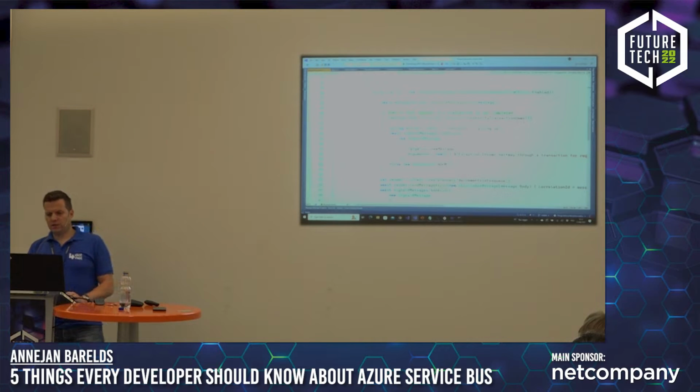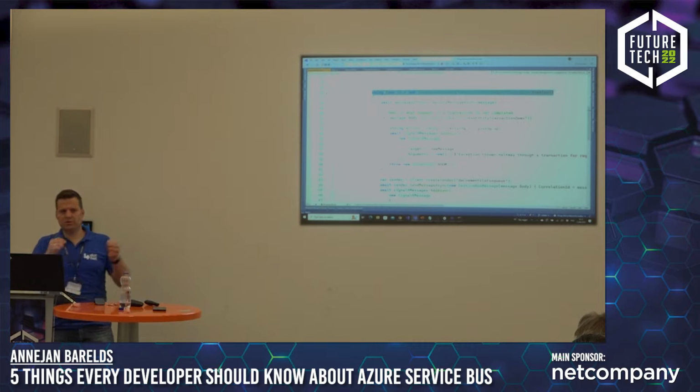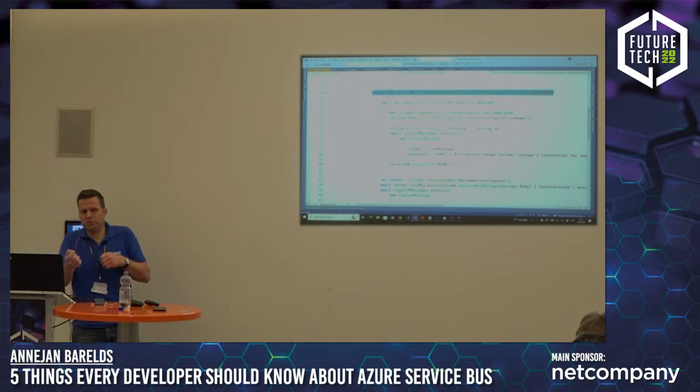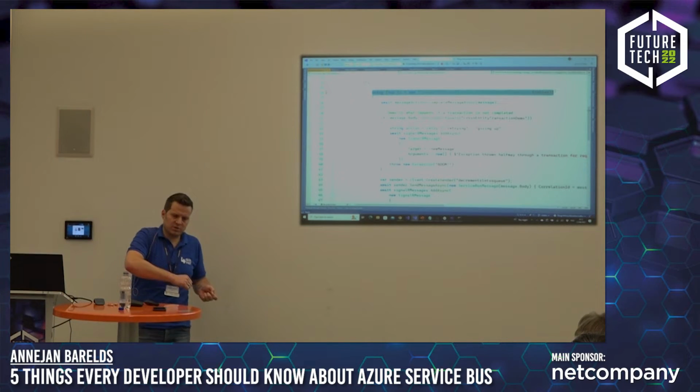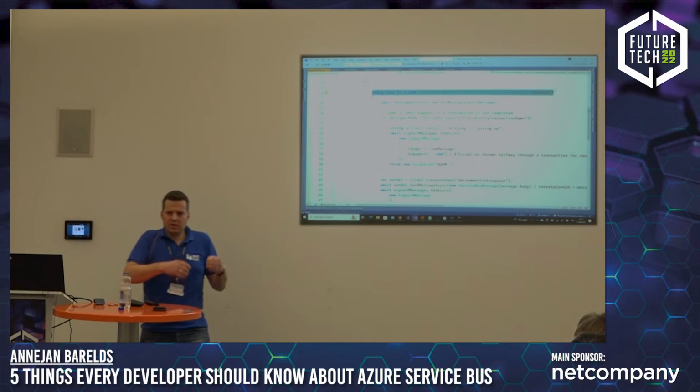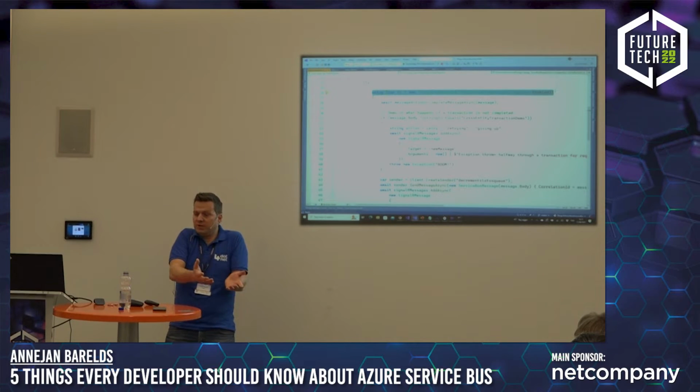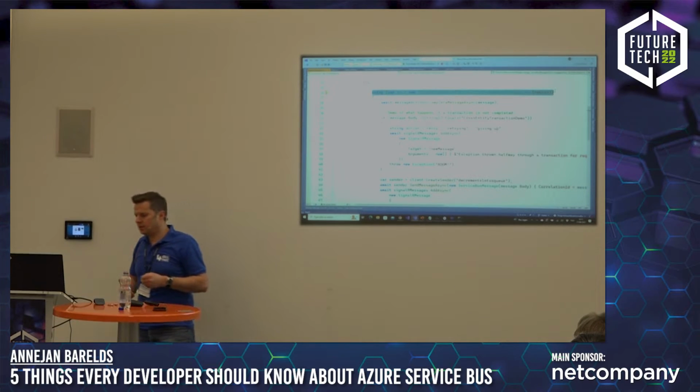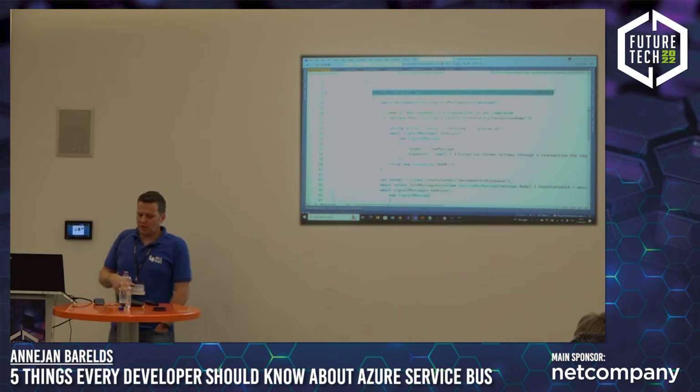It's basically wrapping the completion of an incoming message. Assume you have a process where you receive a message, you do something, and then you communicate the result of what you did in another message that's going into another queue or another topic for someone else to handle. So a multi-step process.